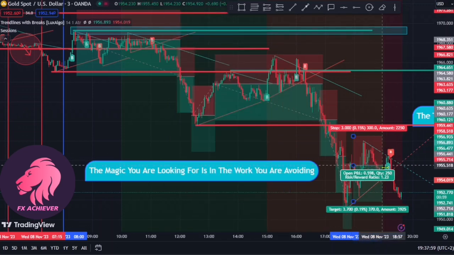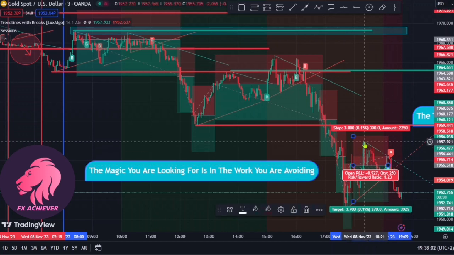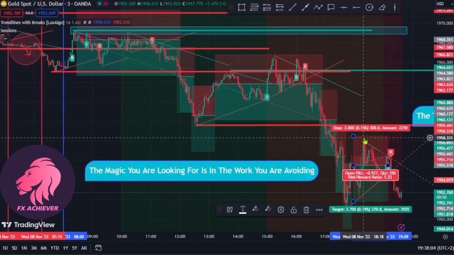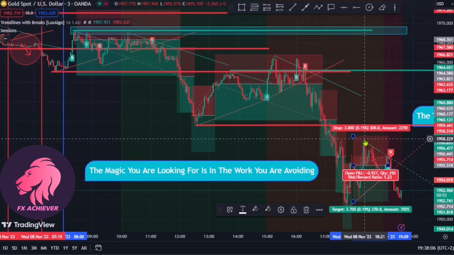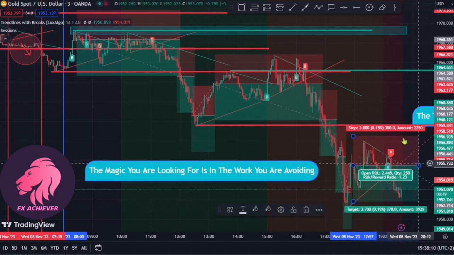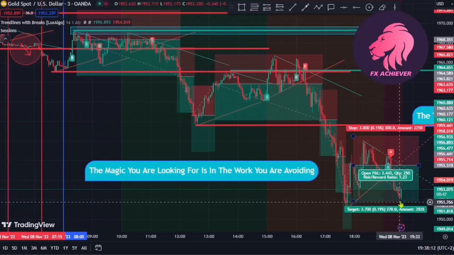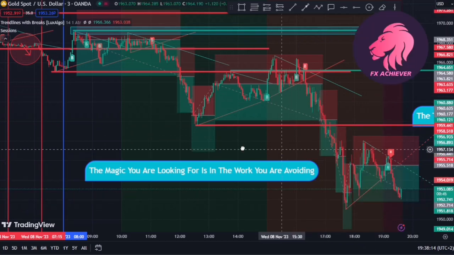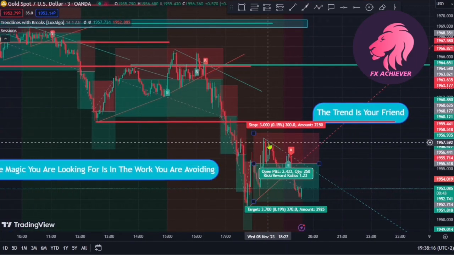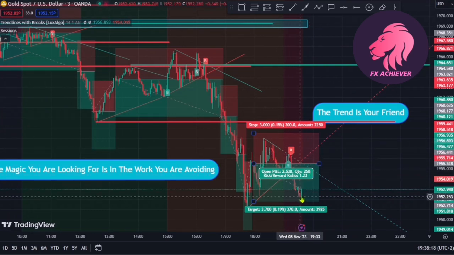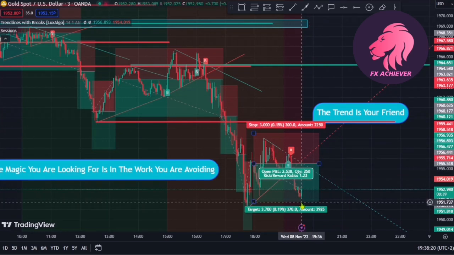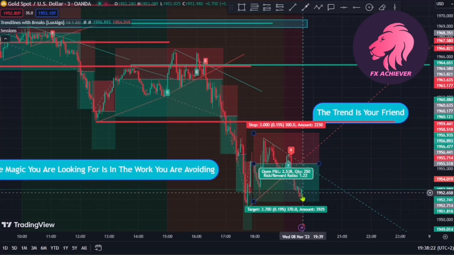And if I would have taken this trade, you can check here, it didn't hit my stop loss, and price is still in action. And if I was on this trade, I would be closer to my target, as you can see here.